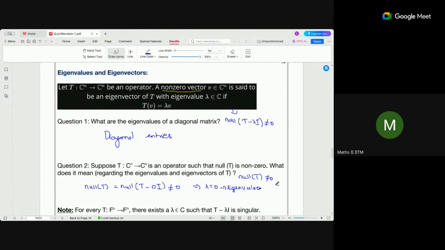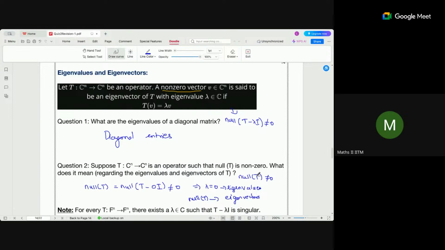Whatever is there in the null space, they are your eigenvectors. So the vectors in null of T are your eigenvectors. This is the eigenspace. So whenever the null of T is non-zero, it means that lambda equal to 0 is an eigenvalue and everything in the null space is an eigenvector.